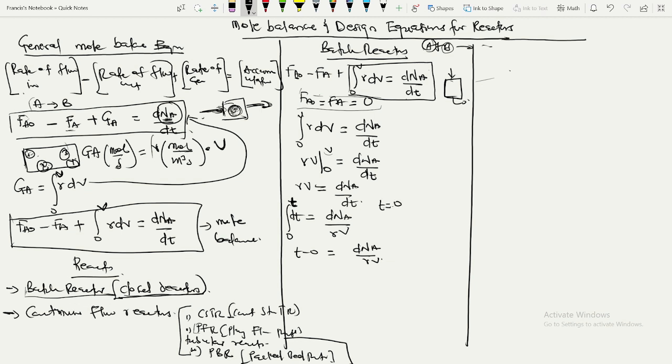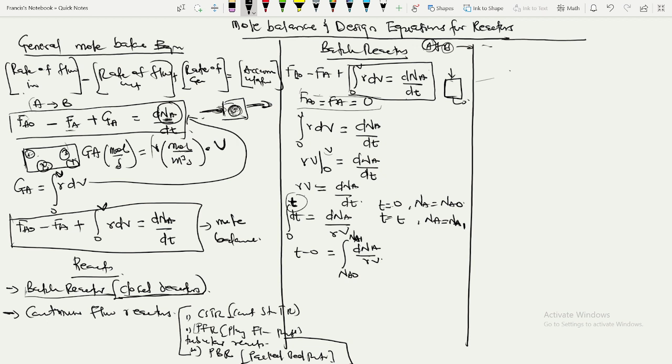So when t is equal to 0, our NA here will be NA0. And then when t is equal to time t, which is the upper limit here, then our NA will be equal to NA1. So here too, we are going to integrate from NA0 to NA1.